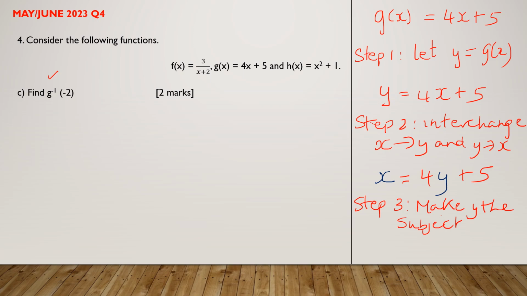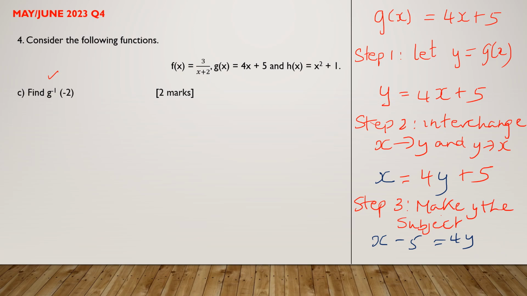So we're going to get, now I can do this in one go, it would end up being x minus 5 equals 4y. So then y is equal to x minus 5 over 4. Okay, let me just write that a little bit clearer.